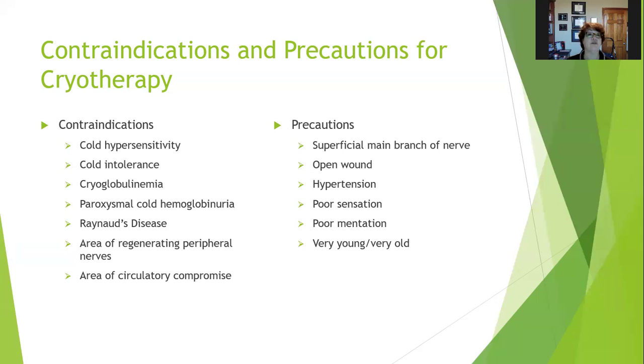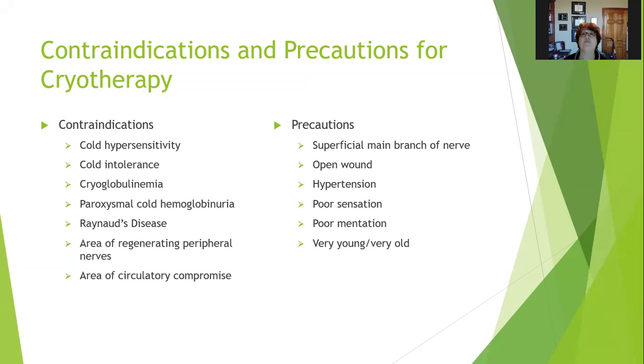It happens in response to cold. It's not common, but there you go. Raynaud's disease, which is where you have impaired temperature sensation in one or more fingers. Areas of regenerating peripheral nerves, because we don't want to slow down nerve conduction, and areas of circulatory compromise. Those are all contraindications. Don't use cold if people have those things.